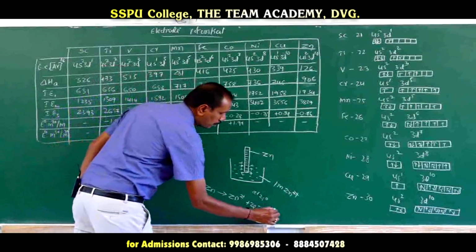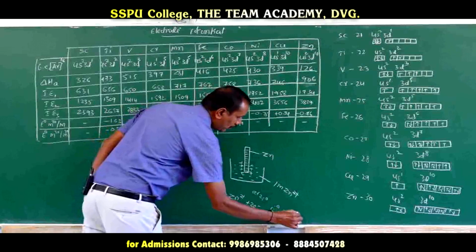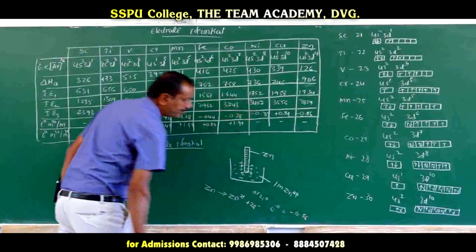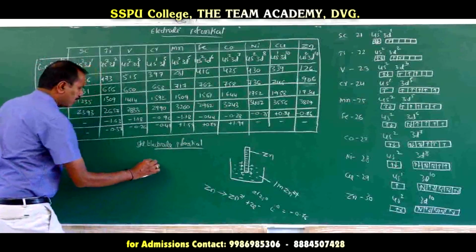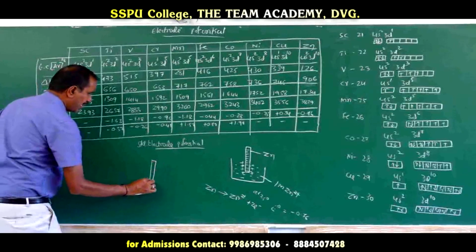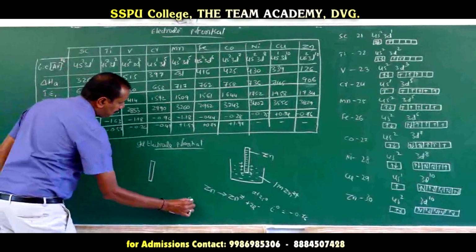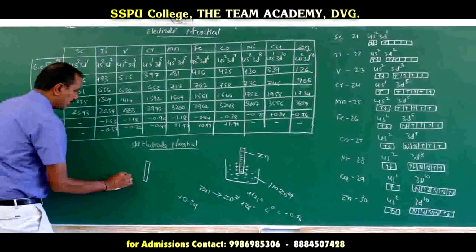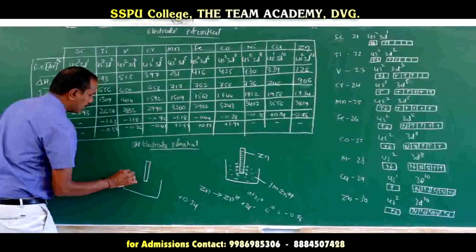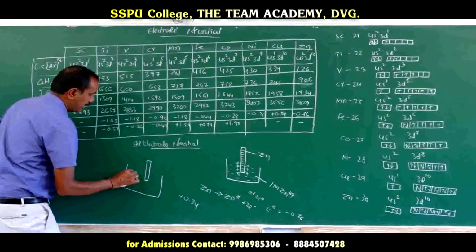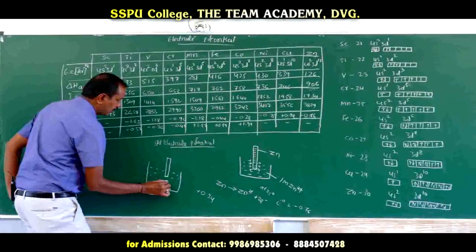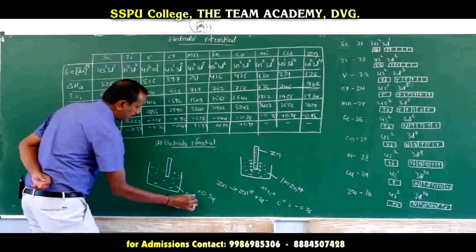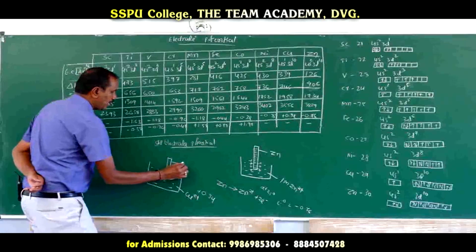The standard electrode potential for Zn is minus 0.76. Like that, if you go for copper, we know that the SRP value for copper is plus 0.34 volts. Why? Copper is in contact with a solution of its own ion, Cu2+ ions.